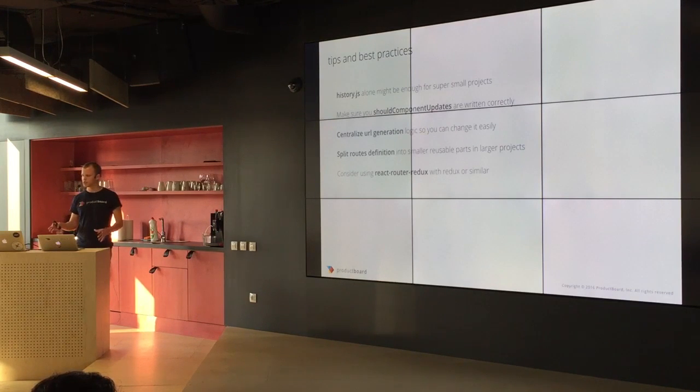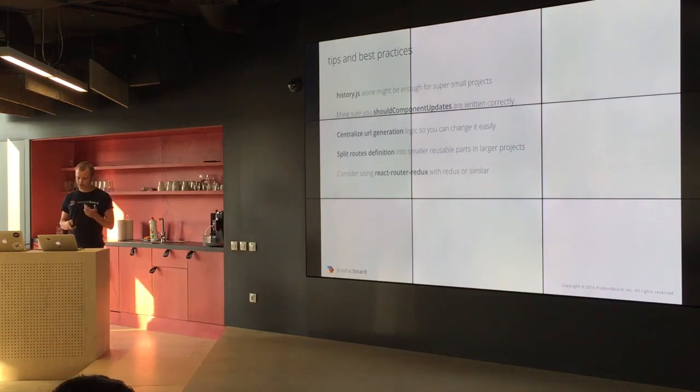So for example, if you have some detail of some entity in your app that you are using in different contexts, you can reuse not only the components, but the routes definition as well, and that's pretty cool. And I would definitely suggest you use something like React Router Redux if you are using Redux, because then it's much easier to use.